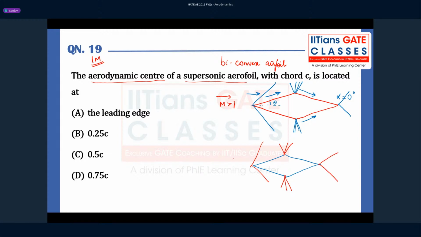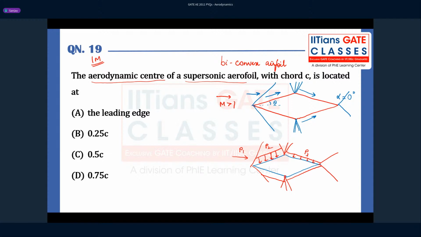So over here, let's say the pressure is P1, here the pressure is going to increase to P2, and again here the pressure will decrease because of the expansion fan. Let's say it is P3. Same thing is going to happen over here. So you see that the pressure distribution is almost constant over most of the part of this aerofoil.